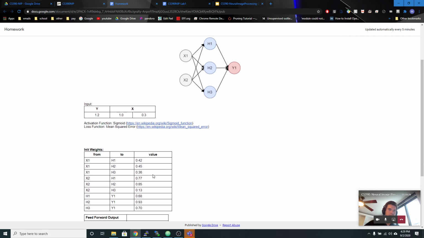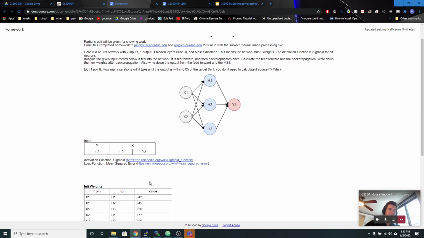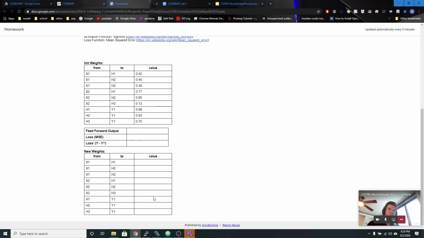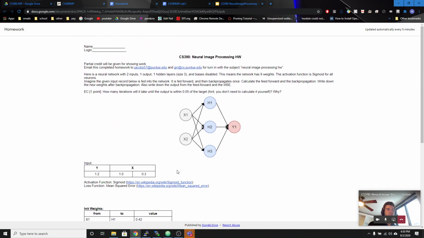These are the weights that we're starting with. You're going to have to go ahead and run one forward pass and one backward pass over this network and fill in these little boxes here and try to show your work as best you can. Doesn't need to include the calculus. And that's about it for the homework. That won't be too bad.